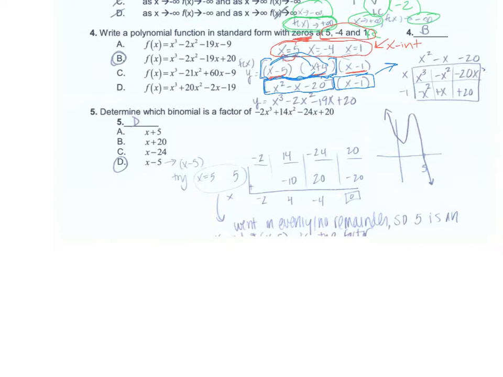Once you multiply and simplify, we get an equation, y equals x cubed minus 2x squared, minus 19x, plus 20.